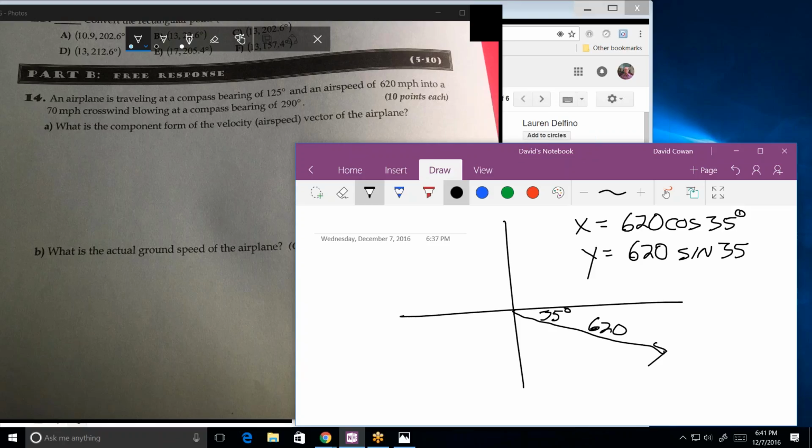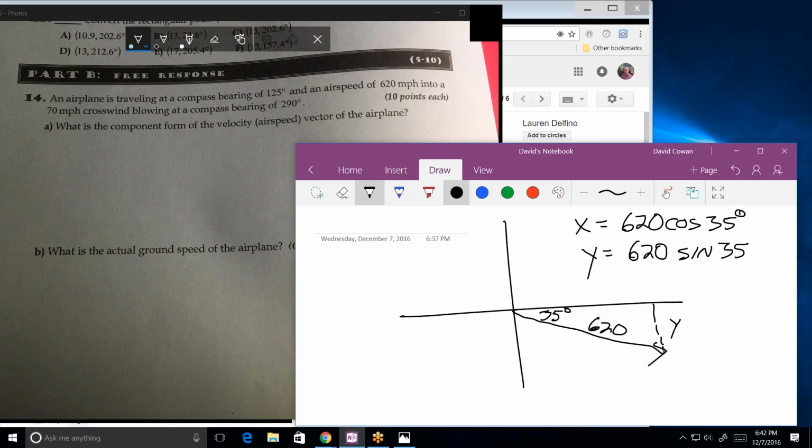To the right is positive, to the left is negative, up is positive, down is negative. We can see that this distance right there, which is the y component, is a negative number. So I have to make sure I end up with a negative component. Do you have your calculator handy?